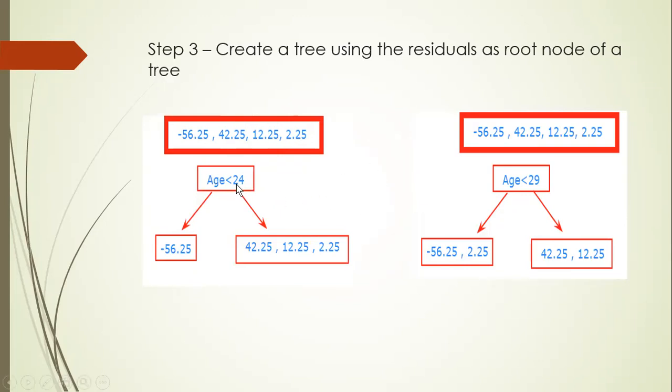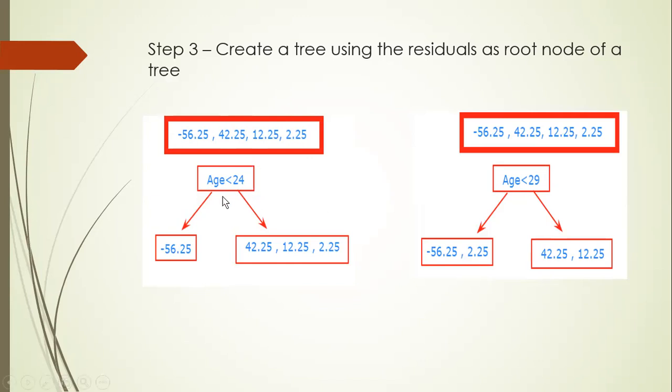It will use the age column and the residuals to create a tree. In a decision tree we have read that it calculates entropy and gain to select the parent node. Similarly, a different type of calculation will happen here to select the parent node.